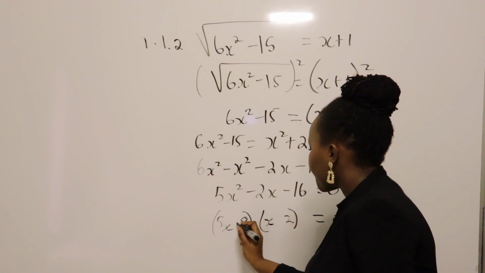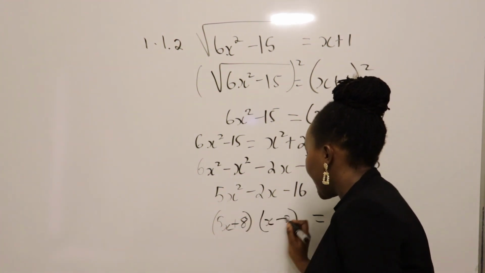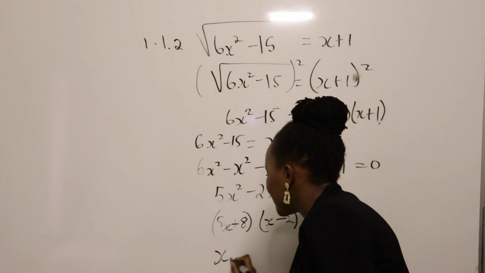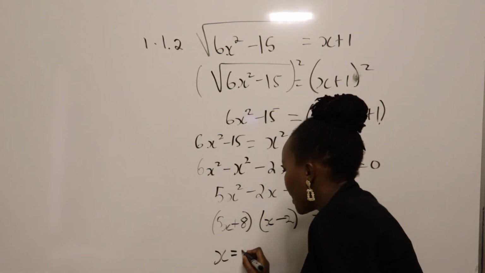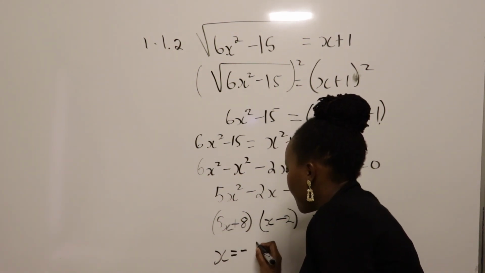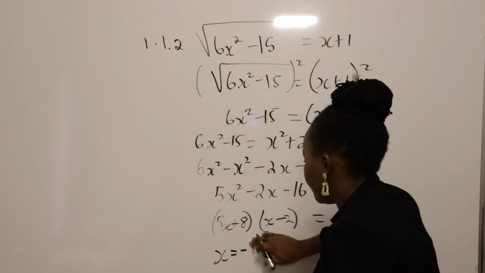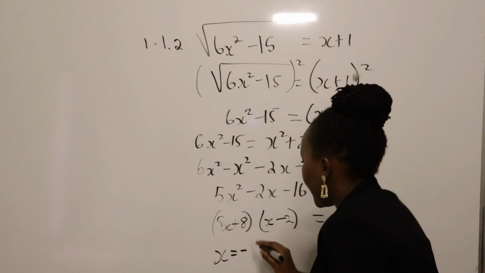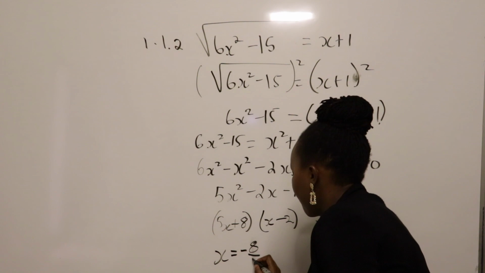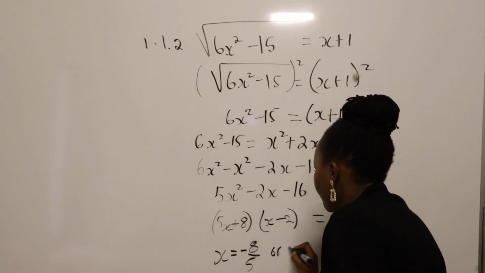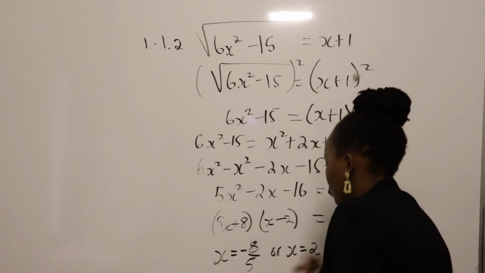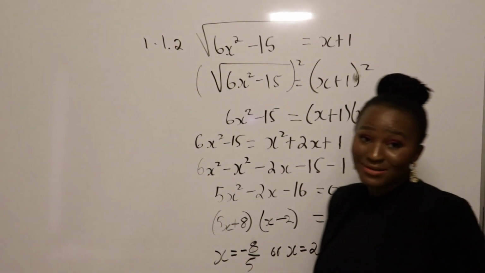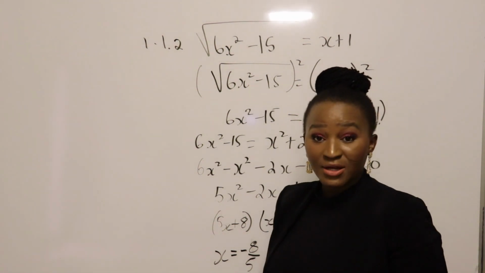So this one will be plus minus. So my final answer, x, will be equal to minus 8 over 5, or x equal to 2.